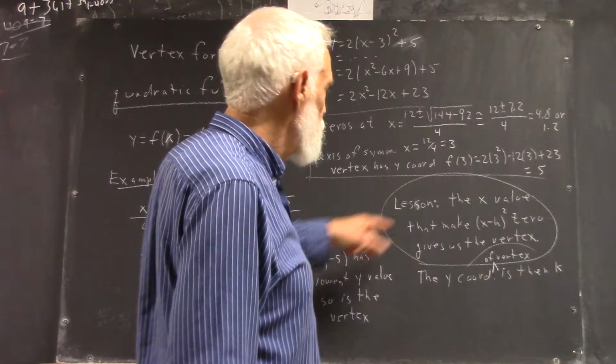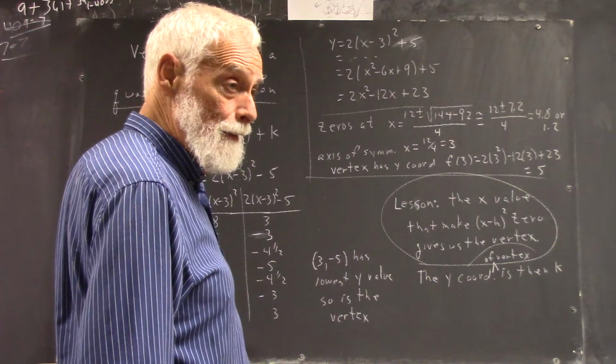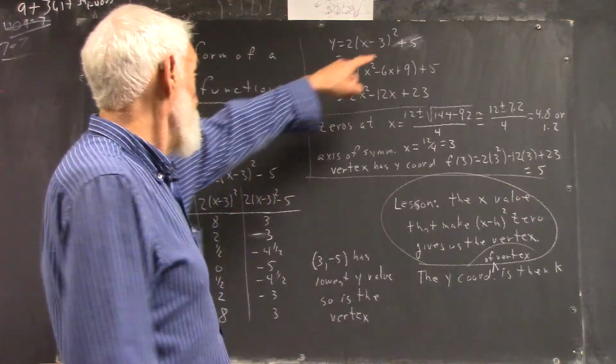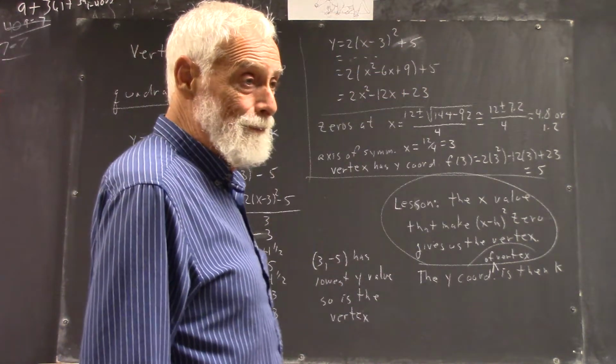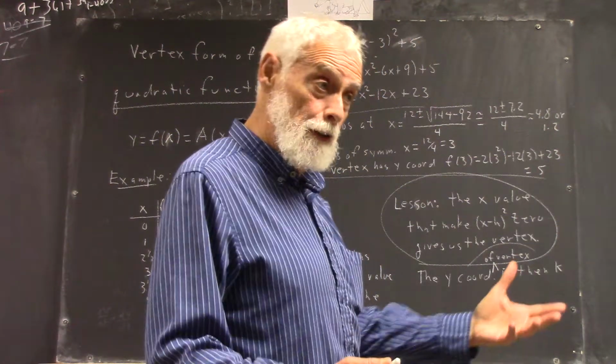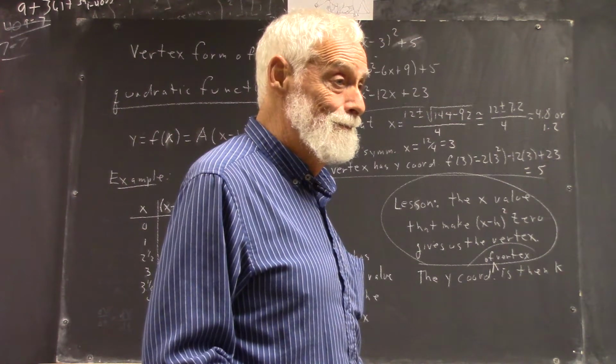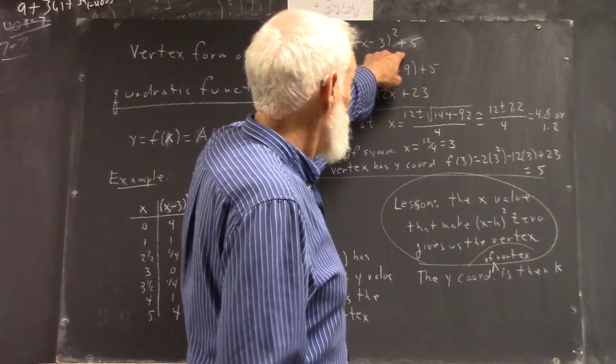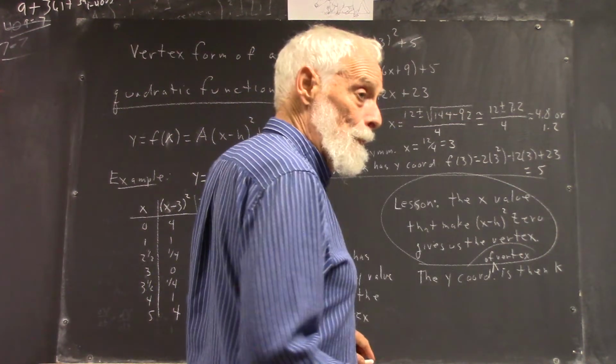Now, this was supposed to agree with what I got down here, but it doesn't because I put a plus there instead of a minus. Rather than going through and fixing all of it, can you fix it? We'll put the minus 5 in there and see what you get.